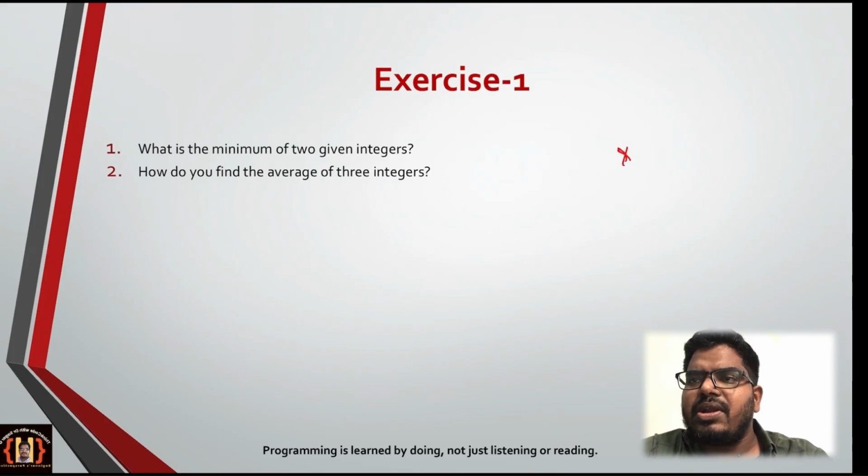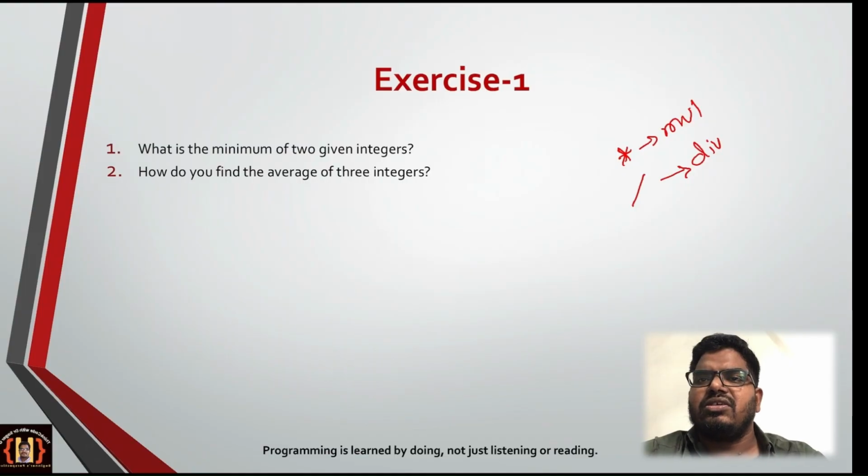Star is the operator used to perform the multiplication operation. And the forward slash is the operator which is used to perform the division operation, because finding the average involves two operations, summing up and then division.